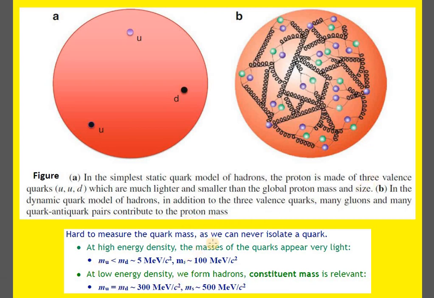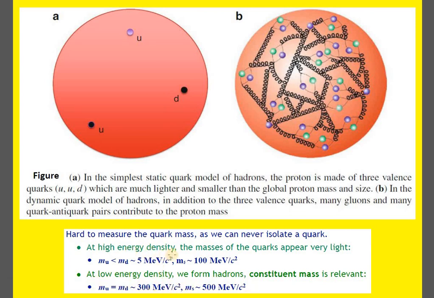You see, the quark mass is quite hard to measure since we can never isolate the quark. And at lower energies, they form hadrons and the constituent mass is relevant. This is what we talk about at lower energies.